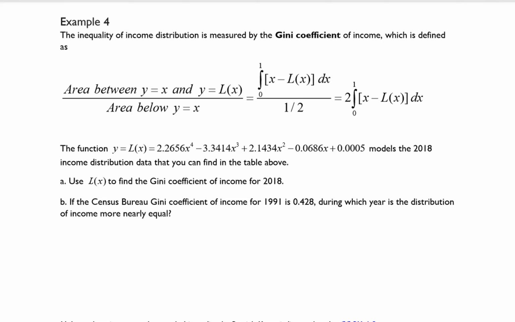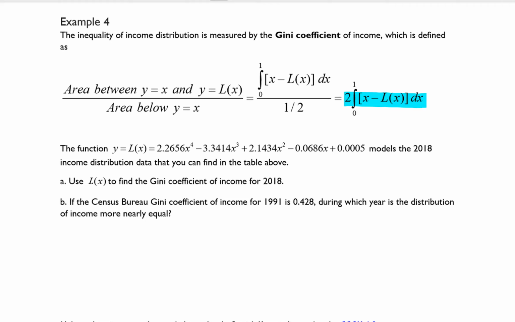So we are basically taking an integral of the upper function minus the lower function, and we finally get this formula where the Gini coefficient is equal to 2 times the definite integral from 0 to 1 of x minus L of x dx. The function y equals L of x is this 4th degree polynomial, and that models the 2018 income distribution data that you can find in the table below.